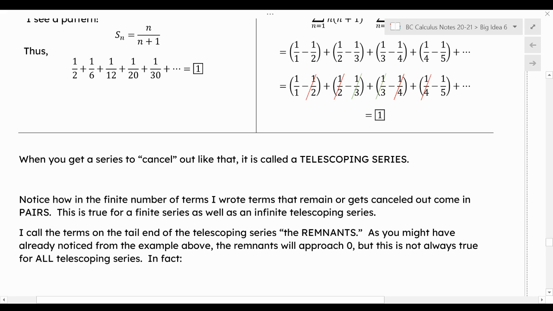If those remnants at the back end approach 0 or approach a value of any kind, then the series is going to converge. However, if the remnant terms at the tail end don't converge, like say they go to infinity, then that tells us that the telescoping series will end up diverging. So it's not true that all telescoping series converge, just most of them.